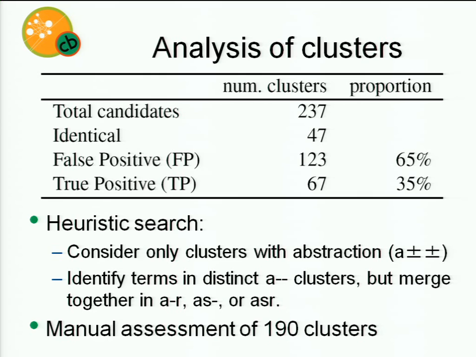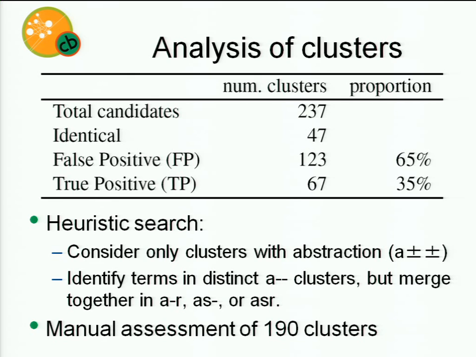Okay, so to jump to the punchline, we ended up with 237 candidate clusters that we thought may contain a univocality violation. We identified those by what I call a heuristic search. We were motivated by the observation that the abstraction has the most impact, and that the other transformations cause certain things to collapse together because of the word order variation.